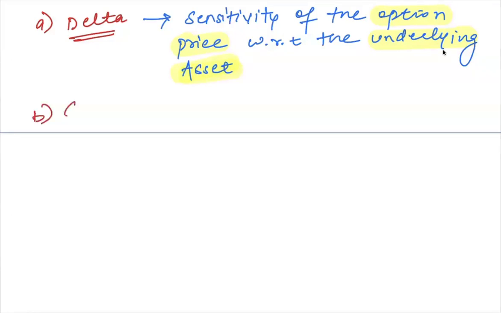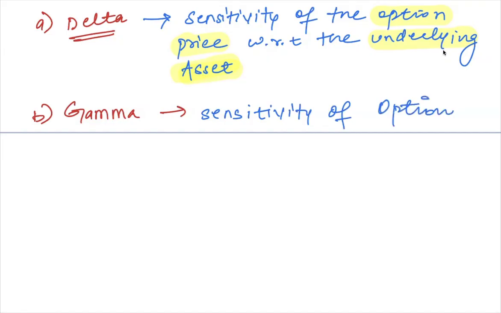Then the second is gamma. Gamma is the sensitivity of option price with respect to delta. I totally understand if you're not able to follow, because I'm just writing for the sake of writing.